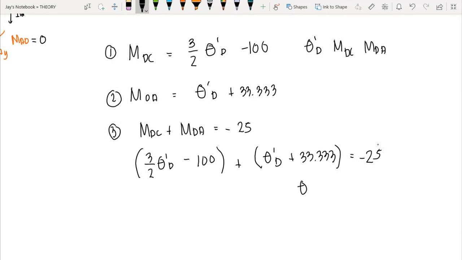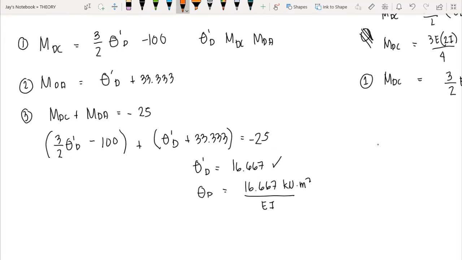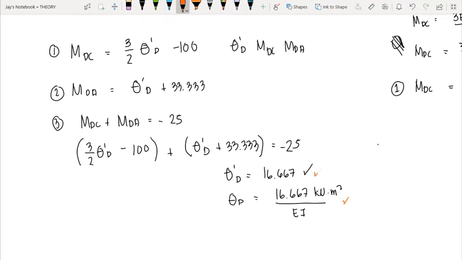So we have theta prime D here, which is equal to 16.667. And again, this is not the slope, because to compute the exact slope, theta D, you just need to divide it by EI. So 16.667 kilonewton meter squared over EI. So this is now the value of theta D, or theta prime D.